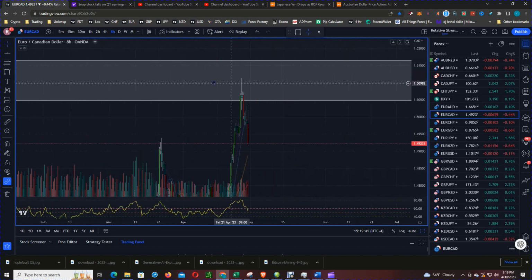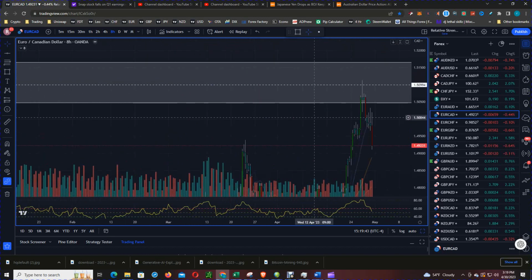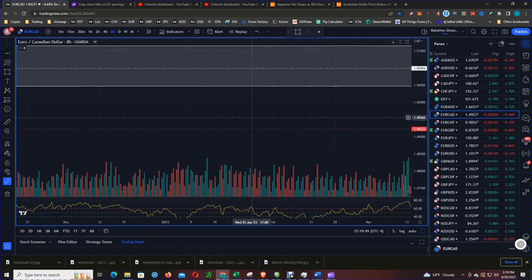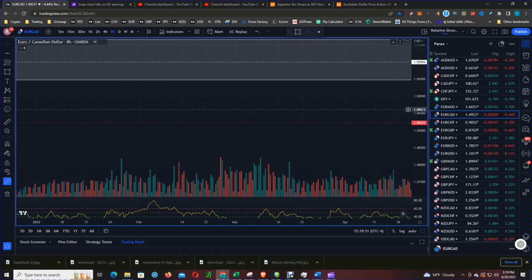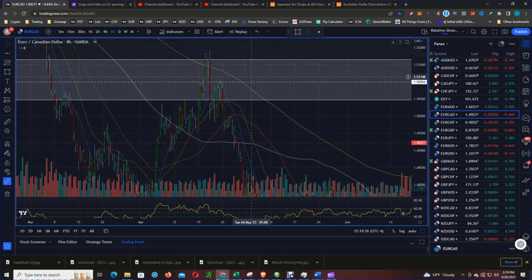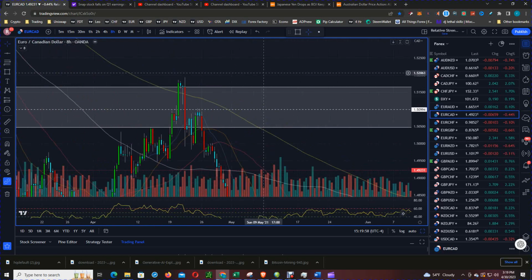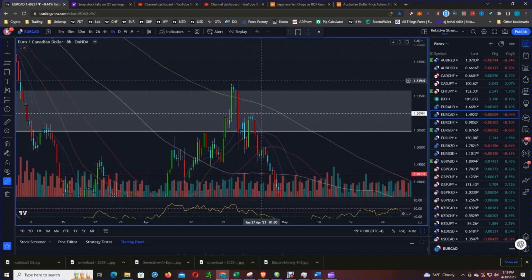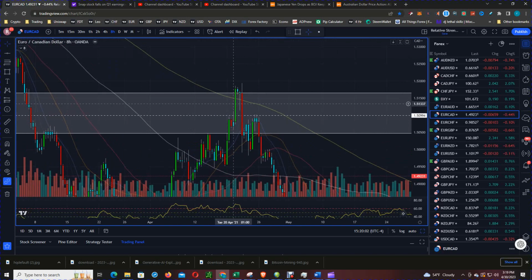Okay, so that's kind of good. Price took out that level, but then sold off nevertheless. And then you have another seller's area. You had a rallying price, two basic candles, and a drop.